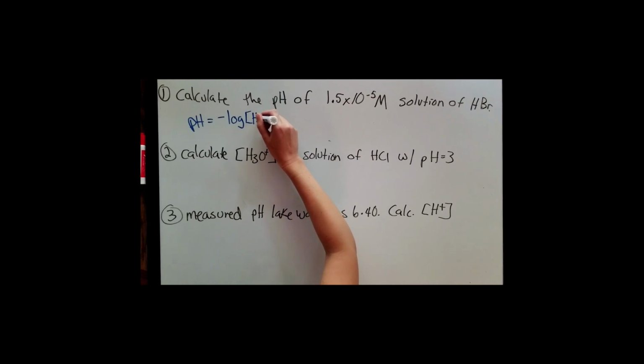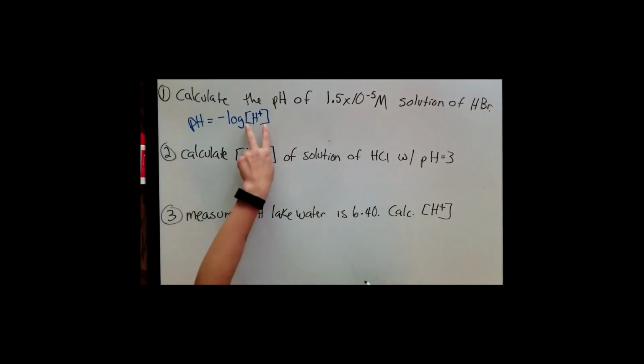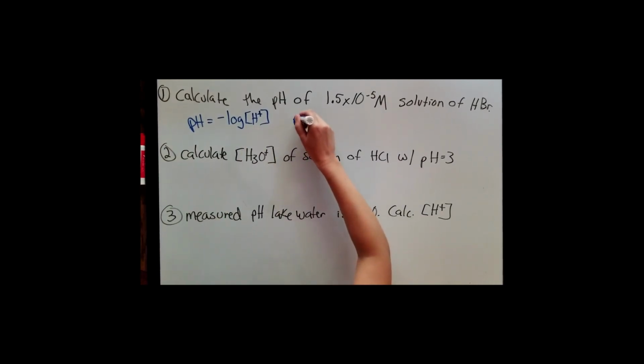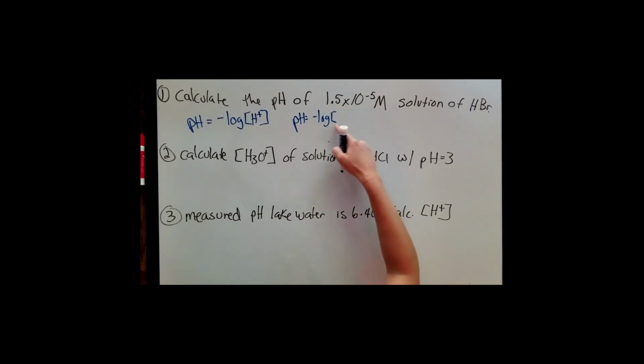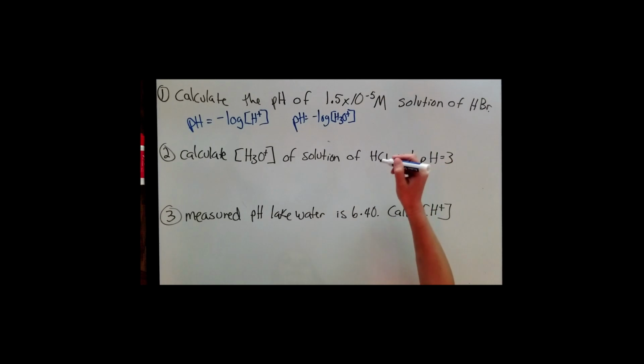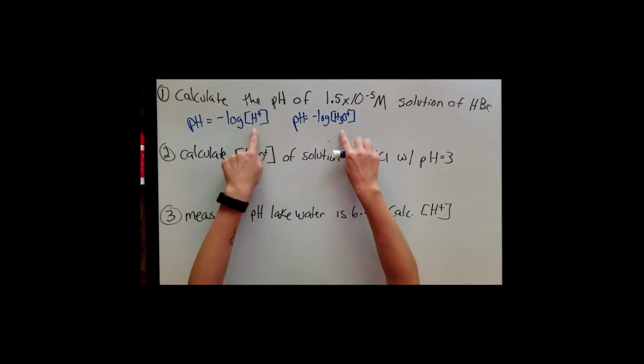of the concentration. We've seen it where the concentration is represented with brackets and an H plus. Another way of writing this equation is negative log, brackets again, brackets standing for the concentration, and instead of just H plus, H3O plus. Both of these are the same thing.